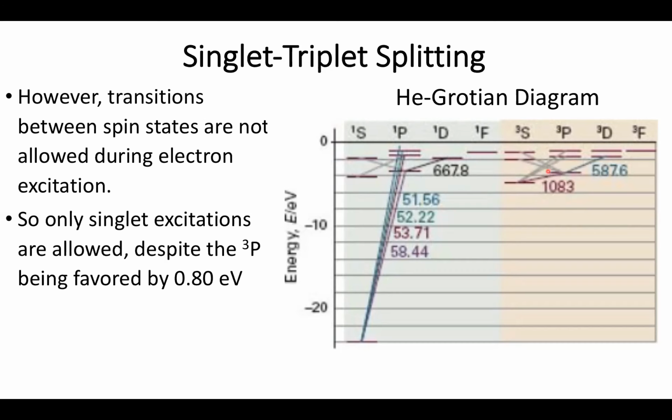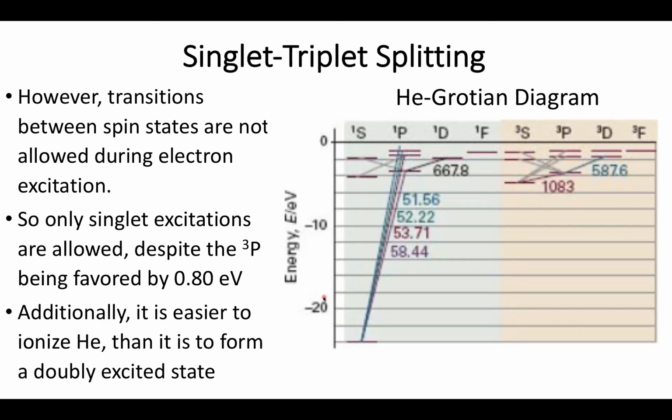The other thing I want to point out is that when I'm dealing with electron excitations, we're almost always talking about single electron excitations. Because energetically, if I were to try to excite both of my electrons out of my 1s orbital, that would actually take more energy than it would require to ionize the helium atom entirely, going from helium to helium plus.